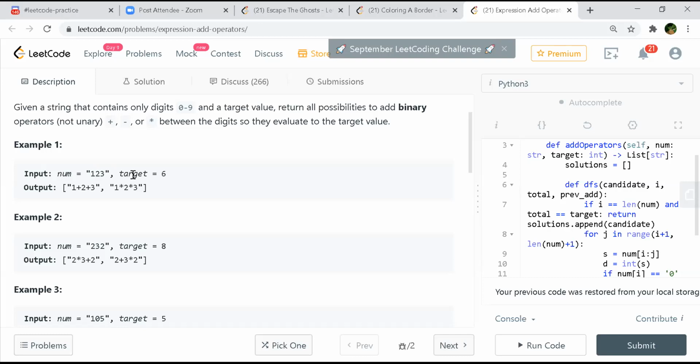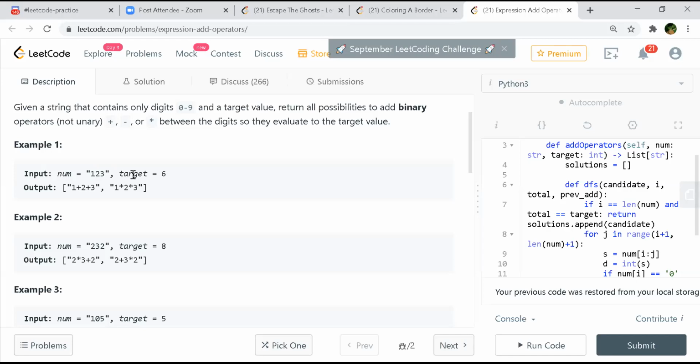So from the total, yeah, okay. When it is multiplication, what will happen is the previous value will be either a positive or a negative value, right? So we just want to know what the previous value was. We don't want to know the sum actually, right? So we may have to store two things.